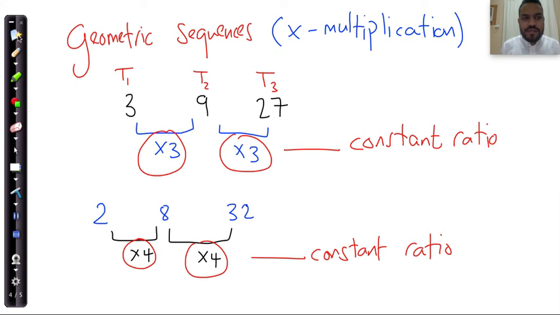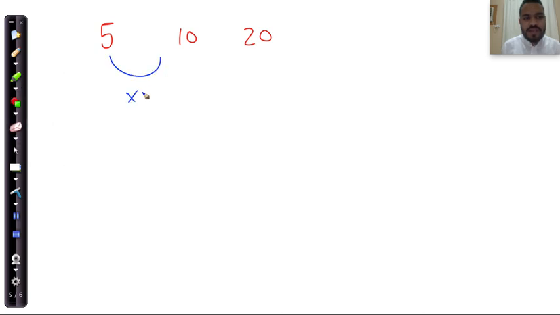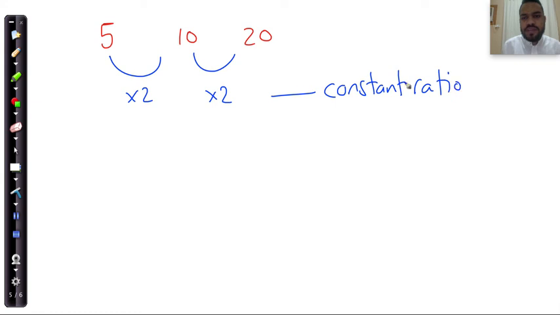So let's look at a few more examples. Let's take a sequence 5, 10, 20. Can you tell me what we are multiplying with each time? Well, over there I'm multiplying by 2, and over there I'm multiplying by 2 once again. Again, I've got a constant ratio, and the constant ratio that we speak about here is really just 2.